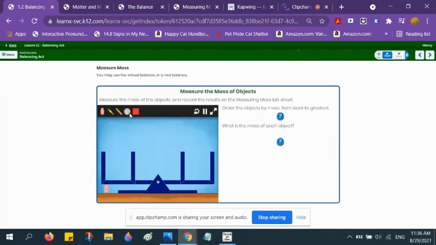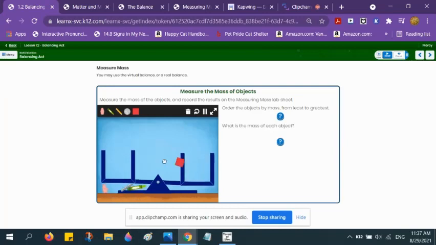I'm not sure. I'm just going to randomly align the objects. I'm not sure if I will be ordering them in the correct order from the least mass to greatest mass. But let's see. Don't forget the pencil.